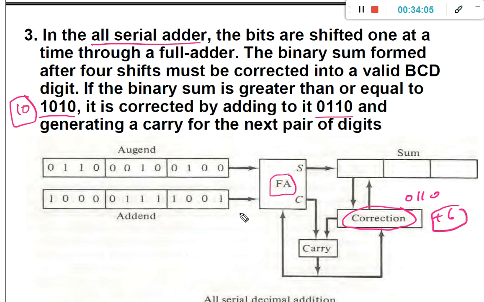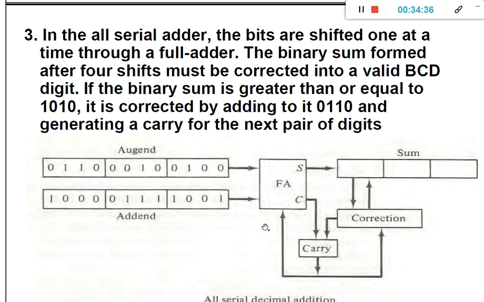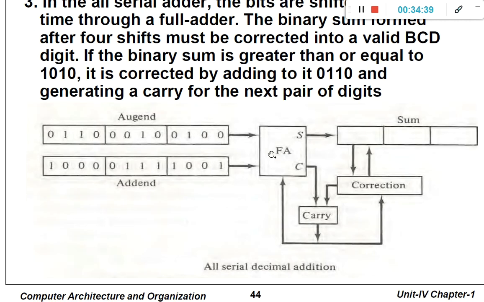So this is actually using the binary full adder to perform the decimal arithmetic. That is why the correction again needs time, and it will be even slower than the second method. These are the three methods we are going to use to perform the decimal addition as well as subtraction. So now let us move on to the multiplication and division.